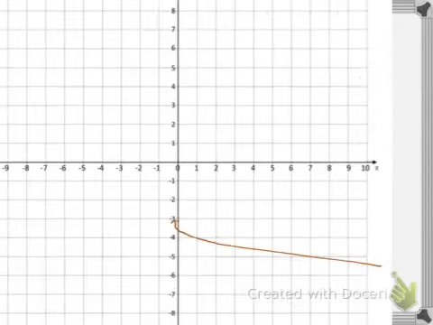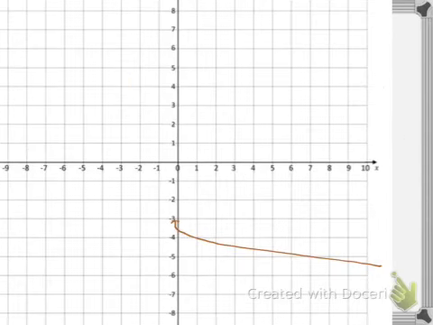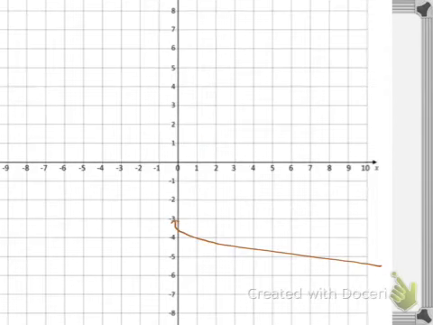Now if I look at my inverse and my original, they're both functions. Before, if I undo what I did, it's not a function, it's now a function. I've had to restrict the domain of the original. The original domain here was real numbers. If I restrict it to that, it means my inverse is that. Now my inverse is a function.